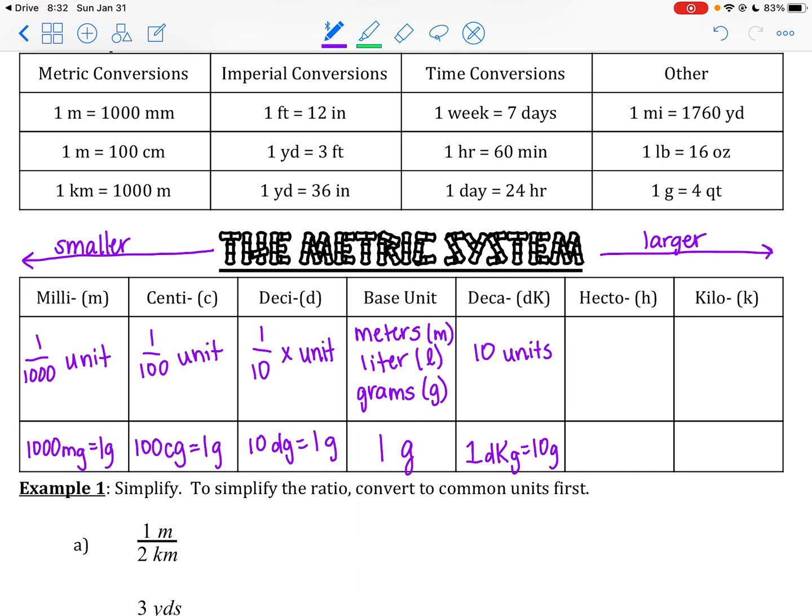A hecto is 100, so 1 hectogram would be 100 grams. And kilo is 1,000 units, so 1 kilogram is 1,000 grams. So that's how you can convert using the metric system.